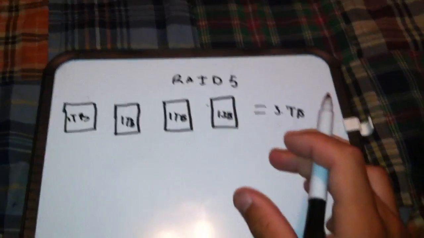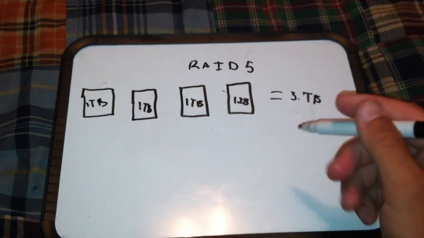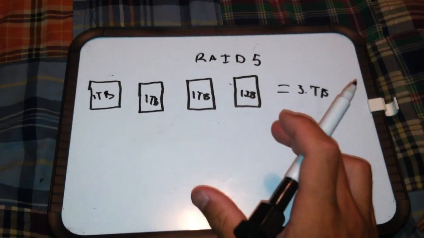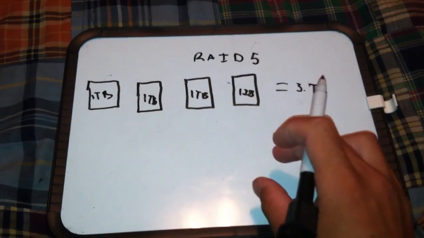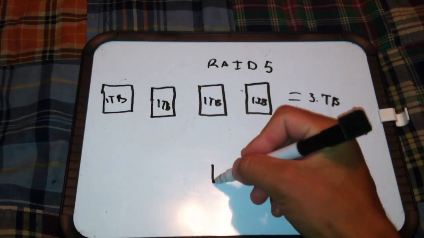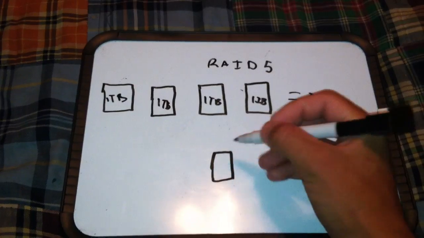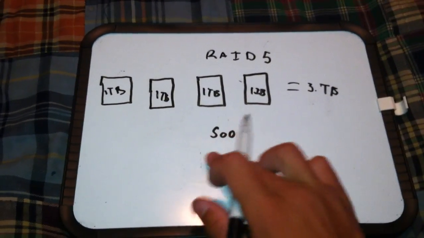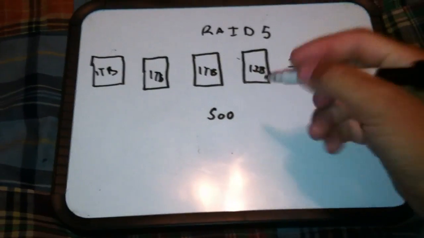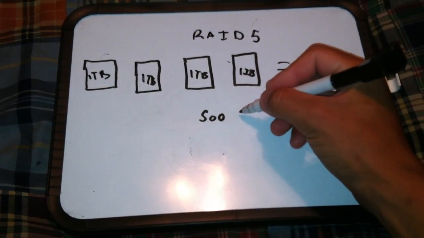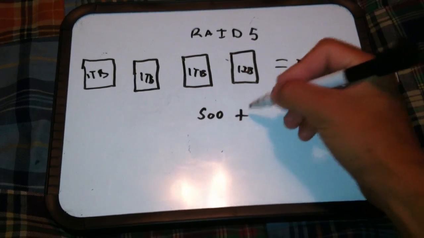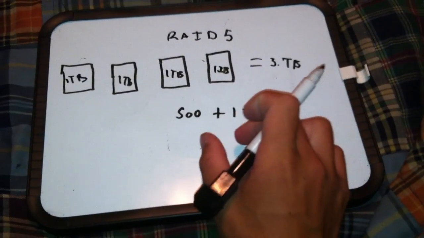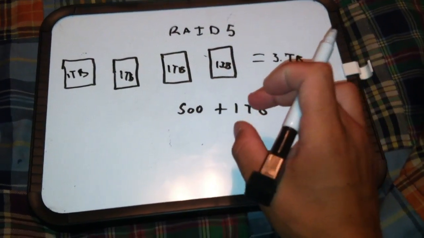Now in this RAID level, and I should have said this in RAID 1 as well, the drives have to be the same size. If they're not the same size, you're only going to be as good as the smaller drive. So if you had RAID 1, let's go back to RAID 1 real quick, and you have say a 500 and a 1 terabyte, you're only going to be as good as the 500.